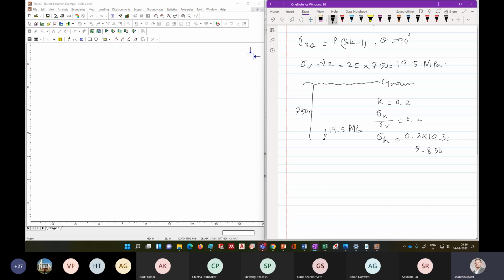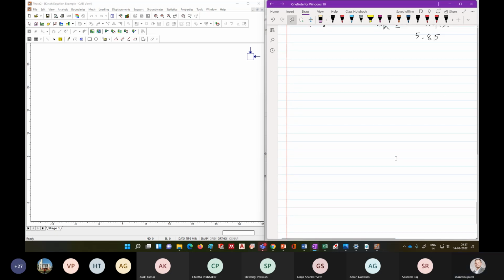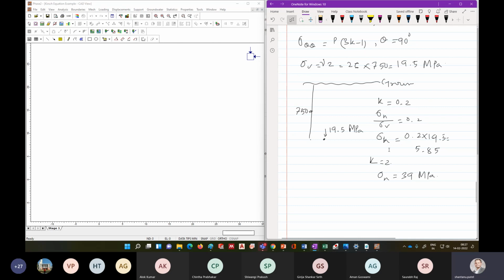5.85. And in the second case, K equal to 2, sigma H equals 39 MPa. Now the important point to note here: in the first case, in the vertical direction the stresses are, excuse me, 19.5.